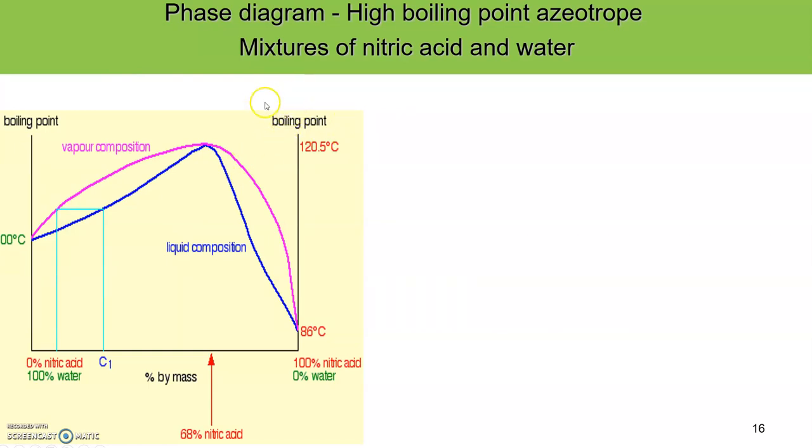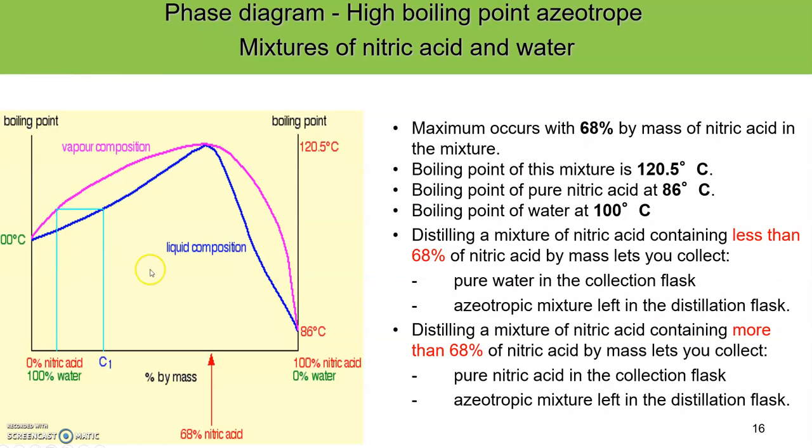So here's the boiling point. The y-axis is the boiling point of nitric acid, and for the left is the boiling point of water. So from here, consider that is 68%.